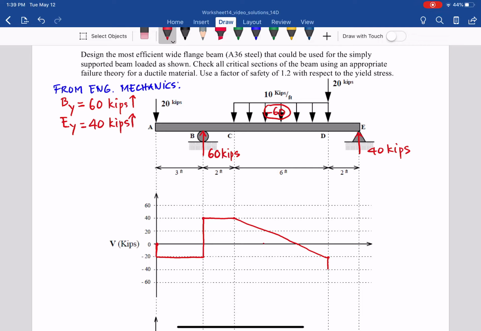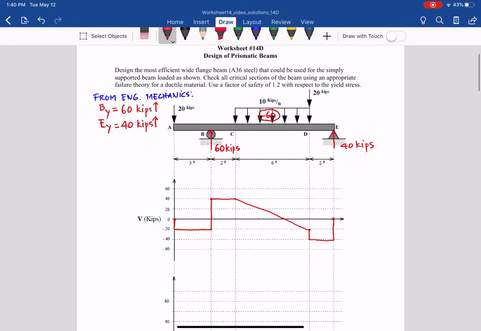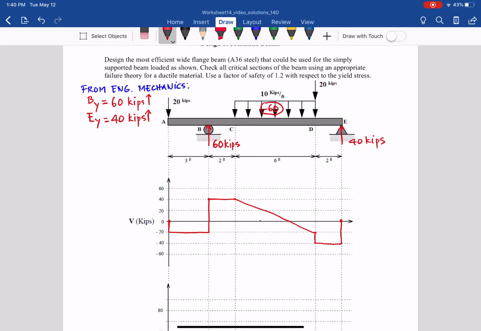Between D and E nothing, so it stays the same. And at E the external reaction of 40 kips goes up, causing a discontinuity up, and it closes at 0. So that's what we do for the shear diagram. You are very expert now at drawing the shear and moment diagram.